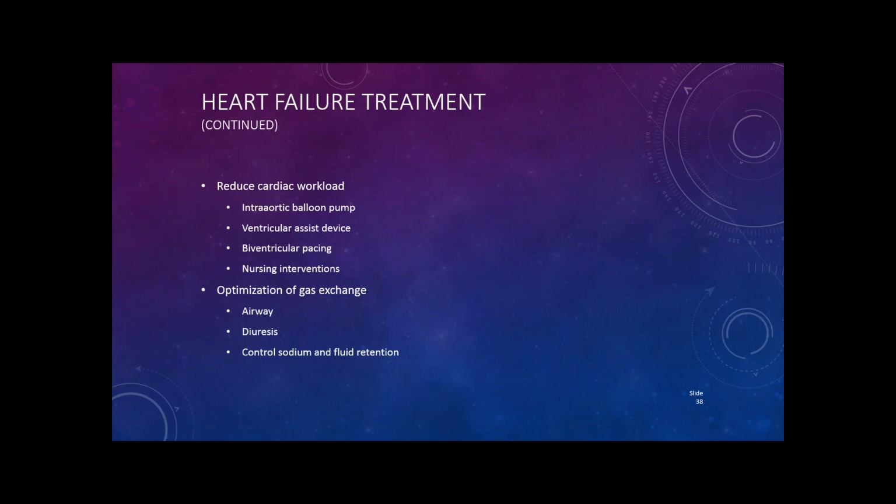And then, of course, we have a variety of nursing interventions that we need to use to reduce cardiac workload. We are going to do our care on our patient in a limited way, with frequent and lengthy rest periods. So we will fragment their care; we will not do a complete bath and a linen change and a shave all at the same time, because the patients can't tolerate that.